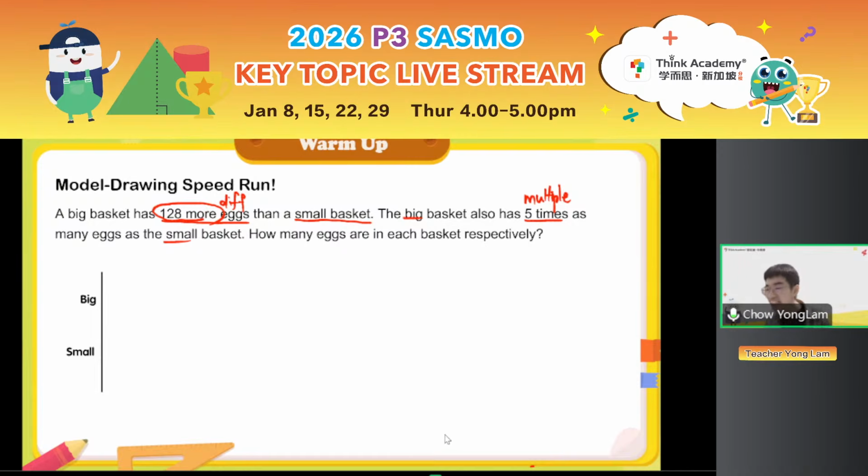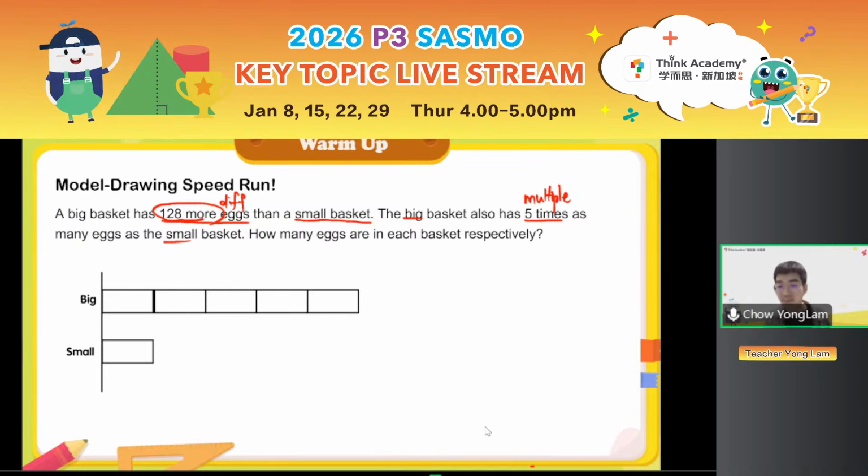So the small basket is 1 unit, and the big basket is how many units? 5 times. So it should be 5 units. 1, 2, 3, 4, 5. So first, label out the multiple relationship.